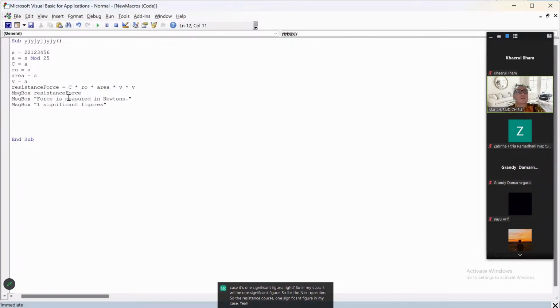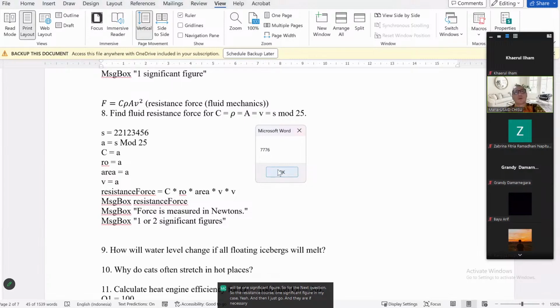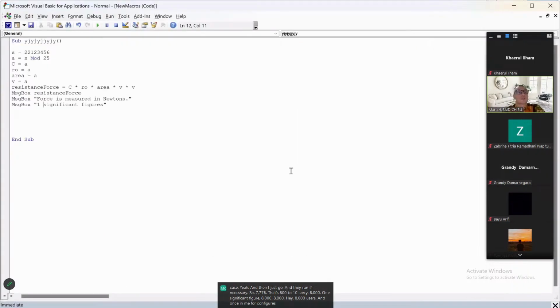And then I just go run, and I run if necessary. So 7,776, that's 8,000 to one significant figure. 8,000 newtons, one significant figure, 800 newtons in my case.